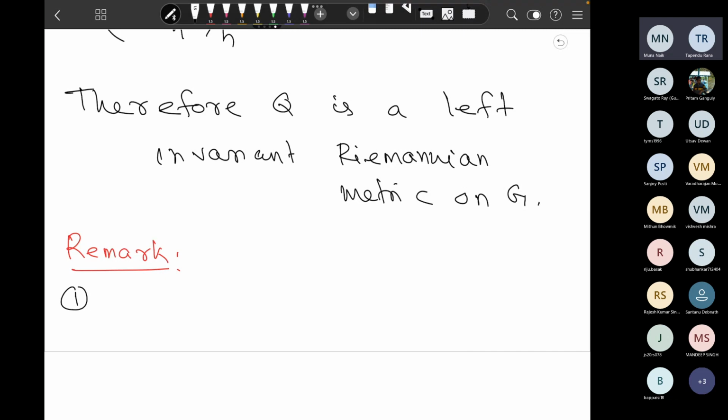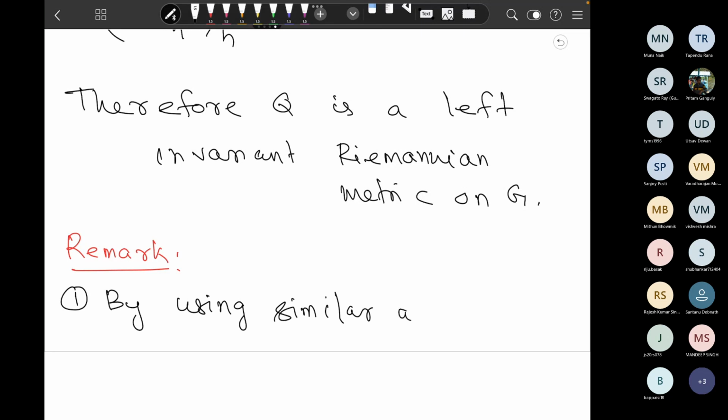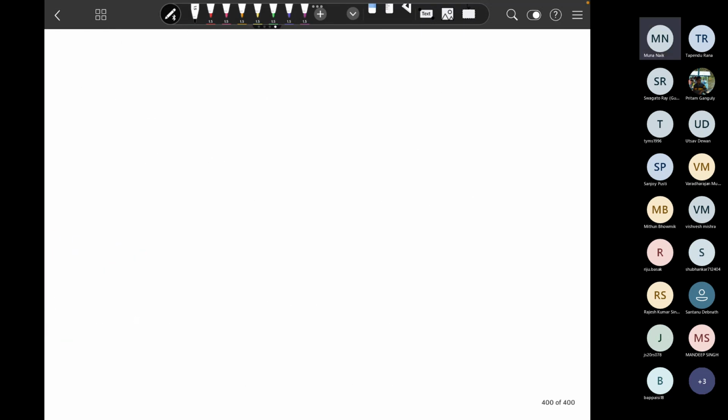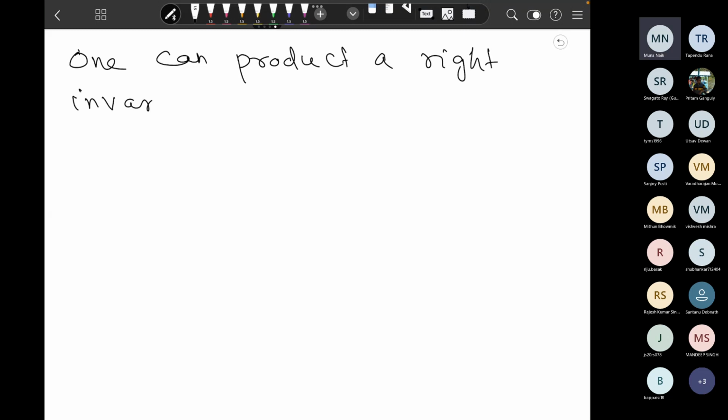So remark one: by using a similar argument, one can produce a right invariant Riemannian metric.